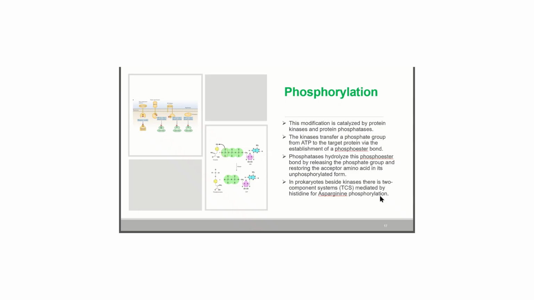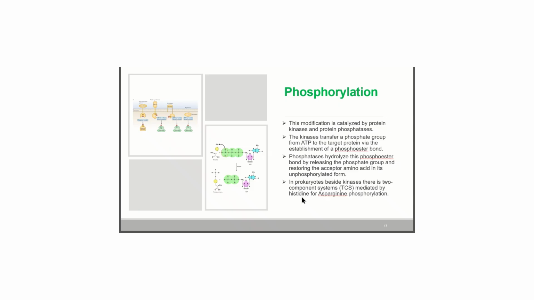In prokaryotes, besides kinases, there are two-component systems mediated by histidine for asparagine phosphorylation. The histidine is a mediator between the phosphate group and the asparagine for asparagine phosphorylation.